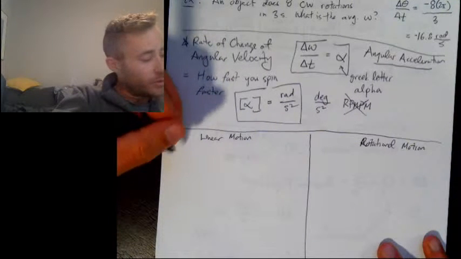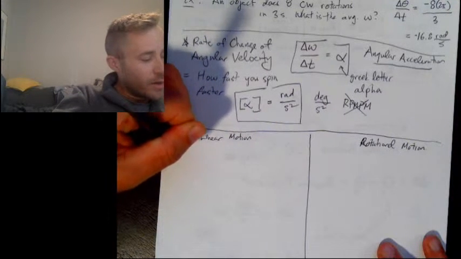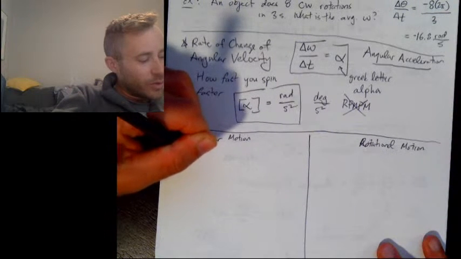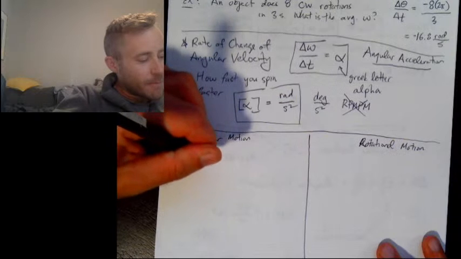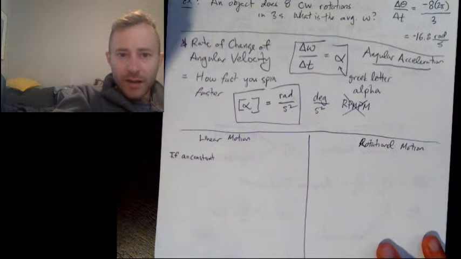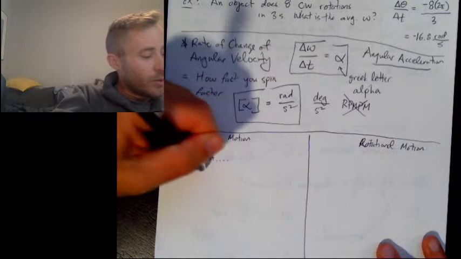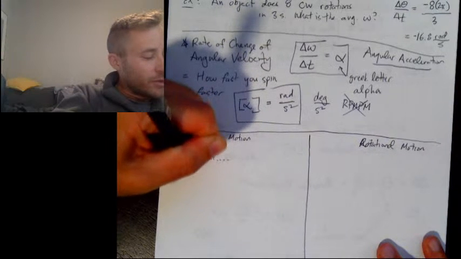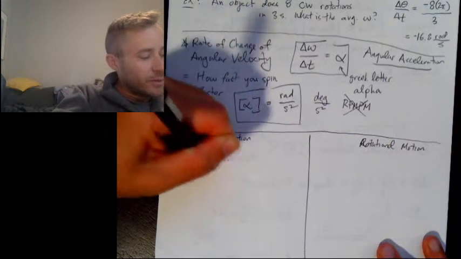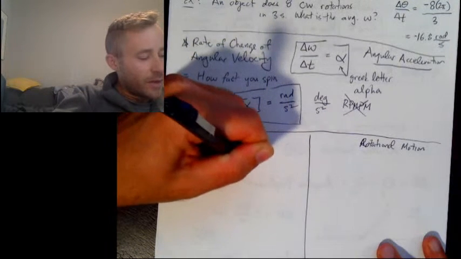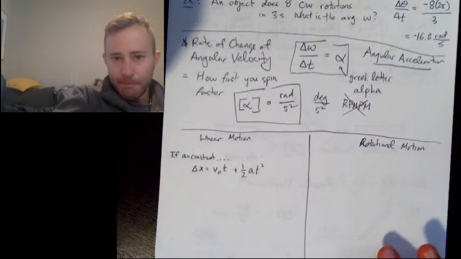Those equations were, if the linear acceleration is equal to a constant, we had three equations that we used. They were delta x equals v naught t plus 1/2 a t squared.